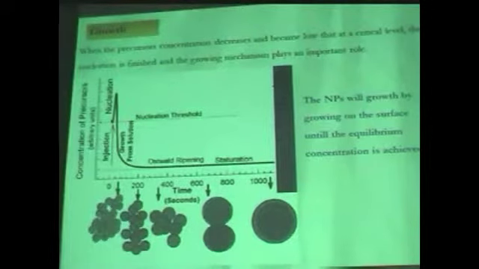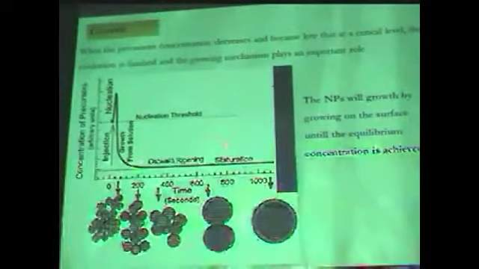As I said, in this second mechanism, the nanoparticles will grow on the surface until the equilibrium concentration is achieved. Here, the second growth mechanism will be finished, and the Ostwald ripening mechanism will be operational.